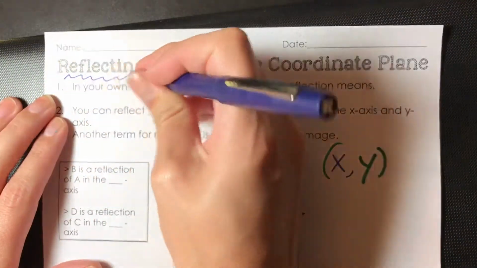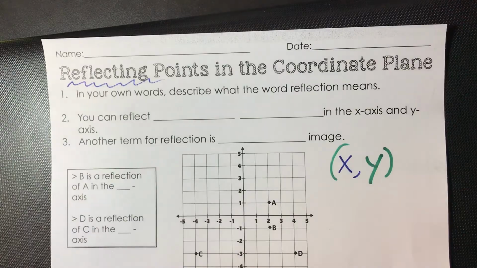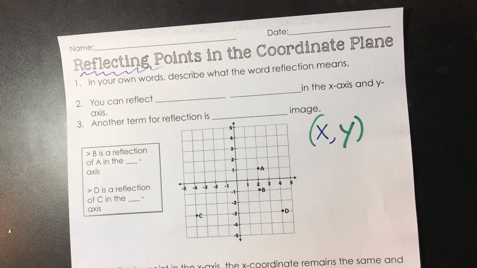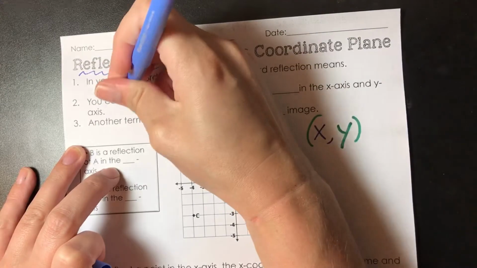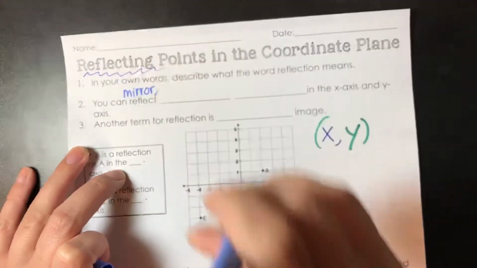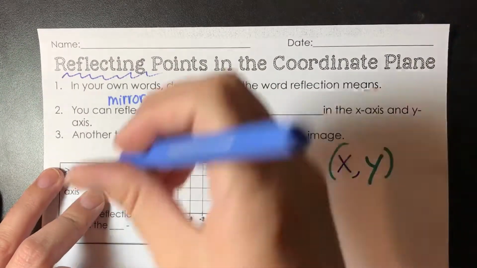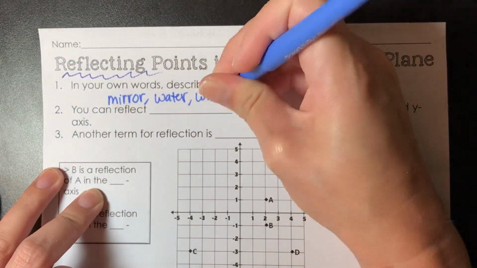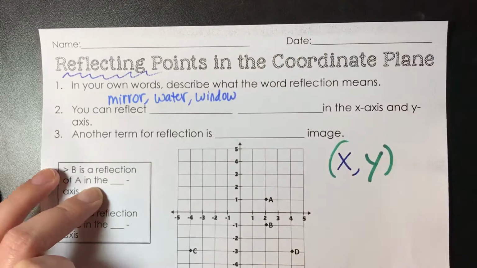So when we're thinking about reflections, some of you mentioned the different places where we see reflections in the real world. My first thought was a reflection in a mirror. Another student mentioned that they see reflections in the water or a window or any other type of surface.